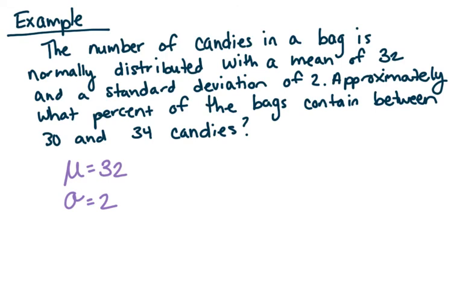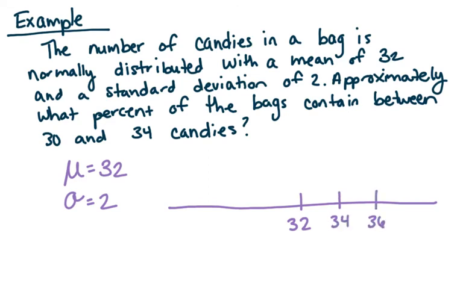If I was making a normal curve, my mean goes in the middle, and my standard deviation is 2, so it would go 34, 36, 38, 30, 28, 26.